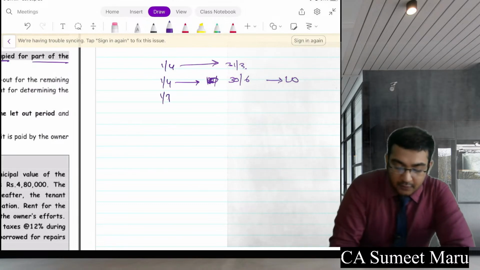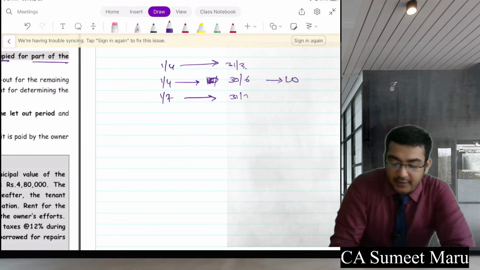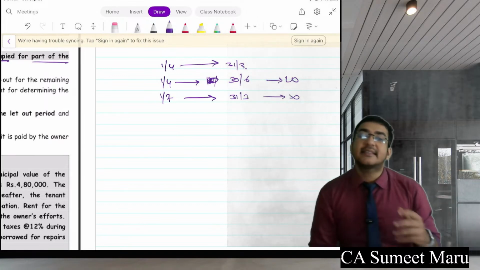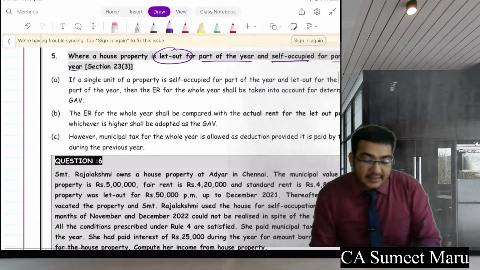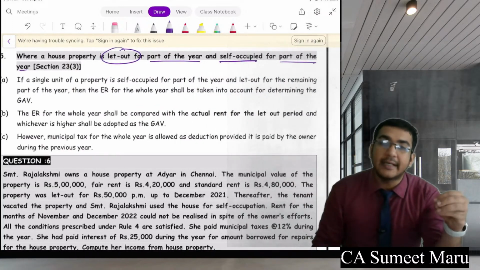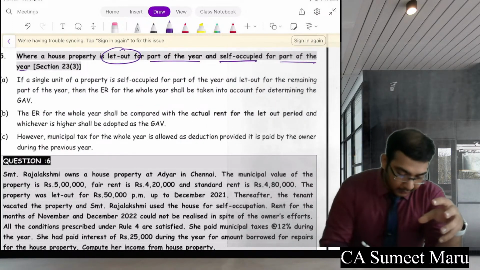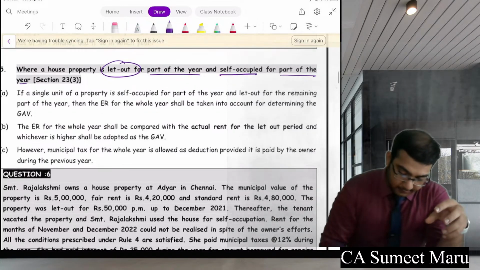So after 1st of July to 31st of March, it is self-occupied. In this case, what will you do? In this case, you treat it as normal.